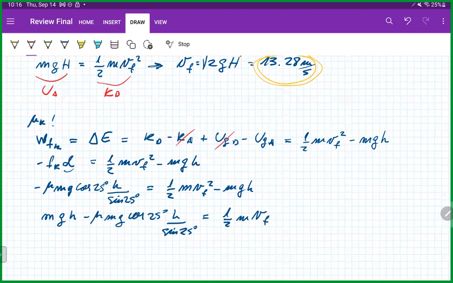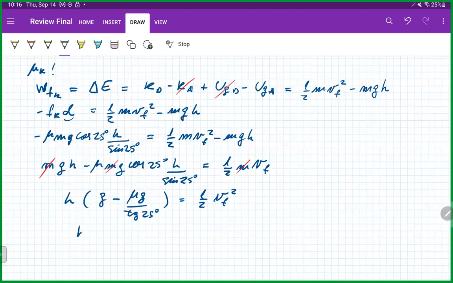Let's get rid of the m's. Actually, I could have done that before. Since we have h here, we can divide everything by the term g minus mu g over tangent 25, because we have cosine over sine, equals 1/2 v final squared.